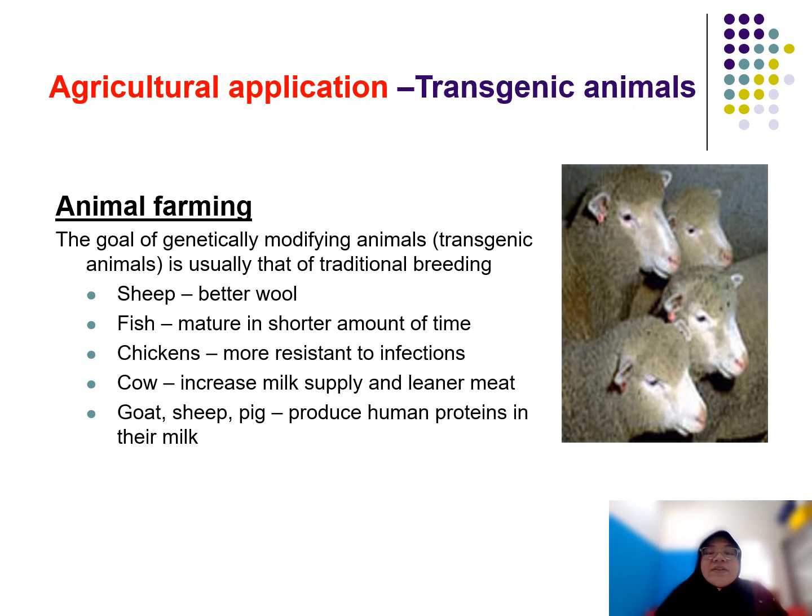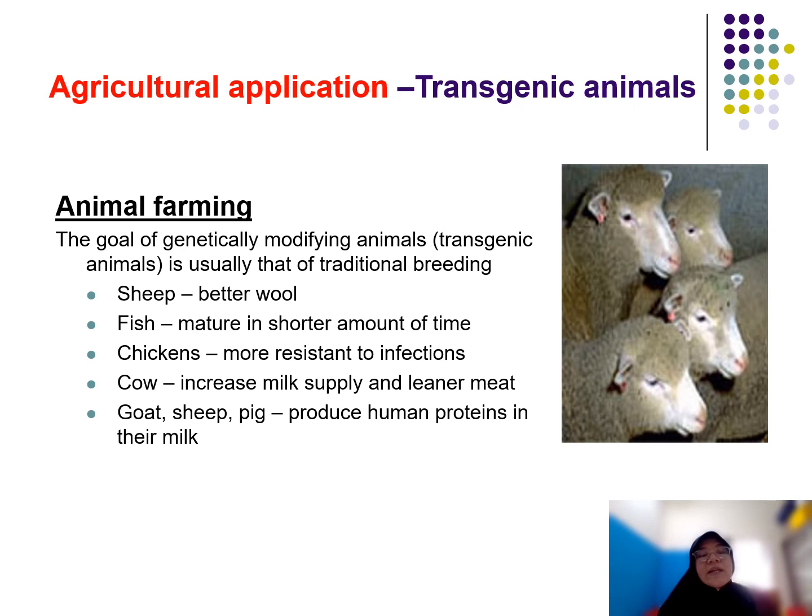Next, for agriculture application, transgenic animals. Okay, for animal farming, okay, they apply this recombinant DNA for production of better sheep, better fish, better chickens, better cow, better goat, sheep and pig.